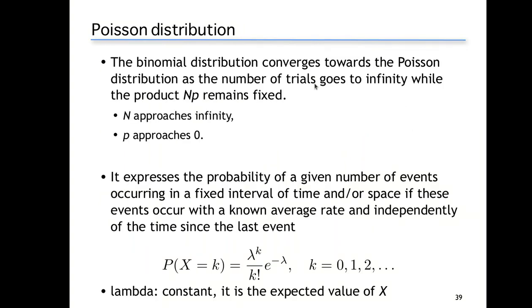The other distribution I want to mention is the continuous version of the binomial distribution, which is called the Poisson distribution. It basically expresses the probability of a given number of events occurring in a fixed interval of time or space, in case these events occur with a known average rate and independently of time.